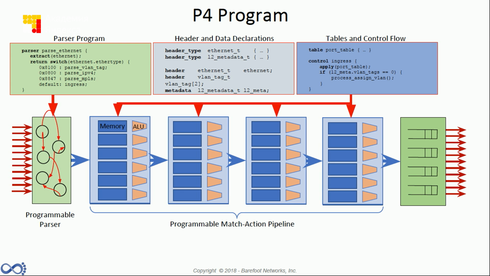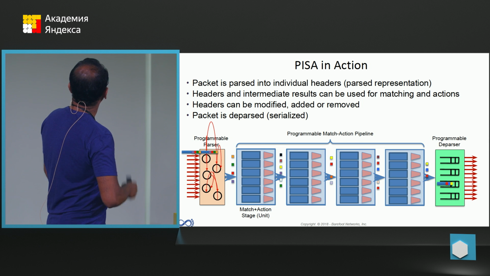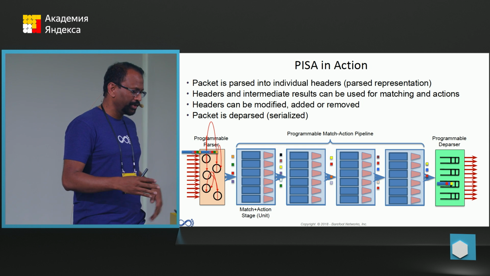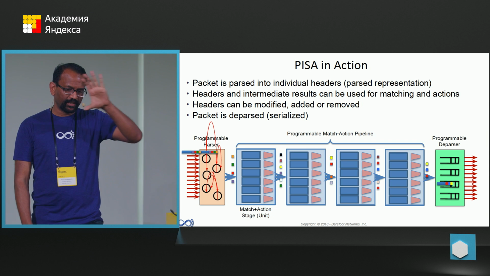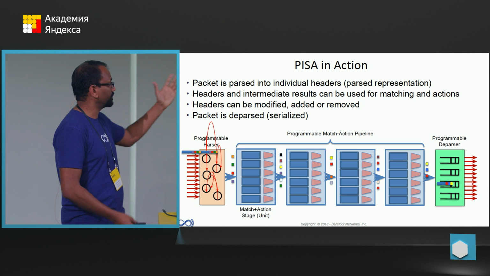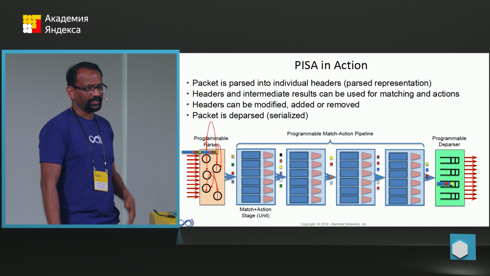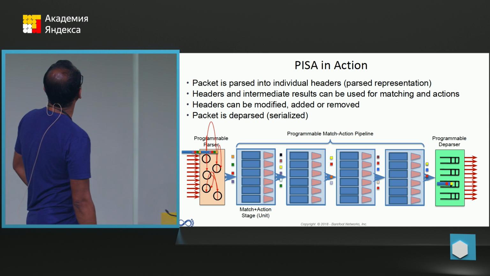So if you described a table called L2, that will actually get mapped into one of the tables in the match action units. So this slide is basically just showing you visually how a packet comes in, the headers get extracted, they pass through all the different stages, and then they get built up into a new packet and sent out. Right? So it's pretty straightforward.